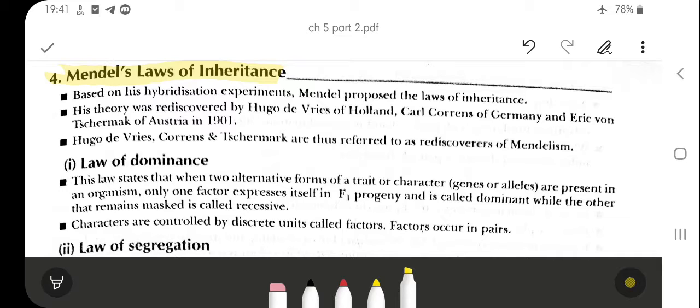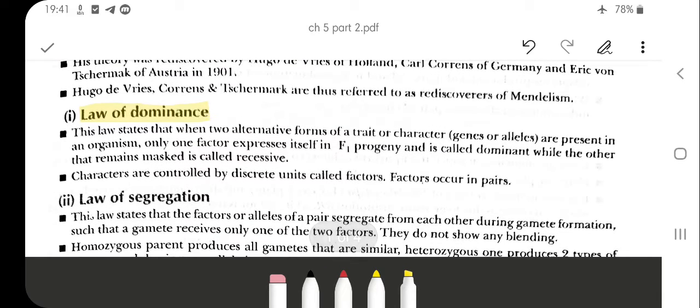So with this we have the law of dominance, the first law stated by Mendel.